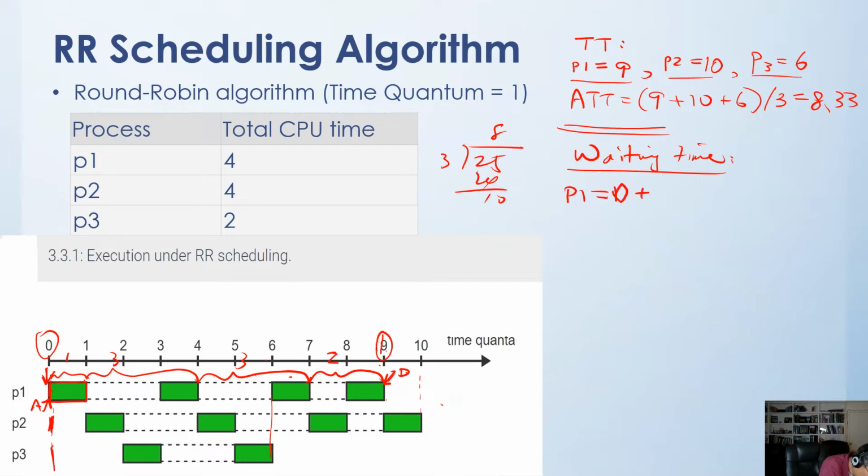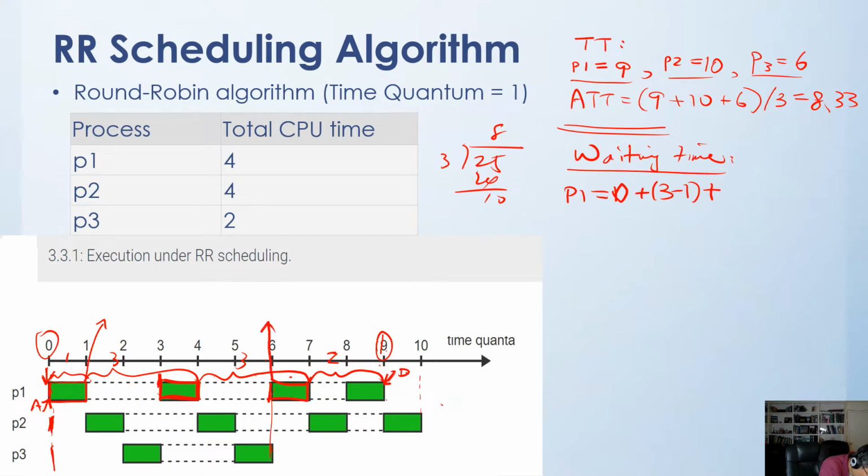For the second piece, it was kicked out at time 1, but it regained the CPU at time 3. So the waiting time for the second piece is 3 minus 1, which is 2.